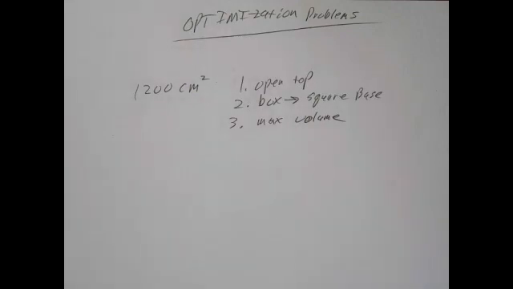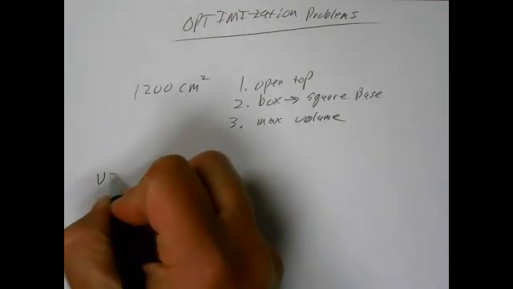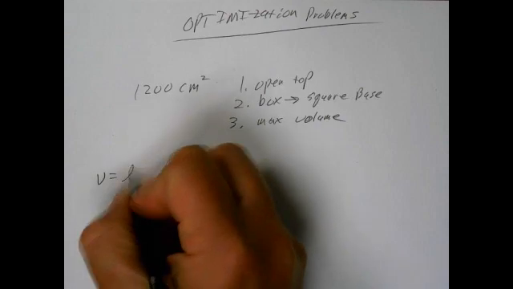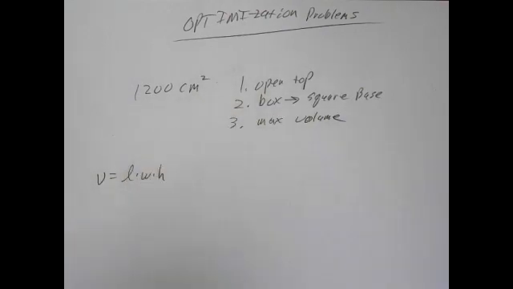So the volume of a box, and a lot of these problems start off with something simple, like you would have seen in a geometry class. So we'll start off talking about volume. Volume of a box is length times width times height.